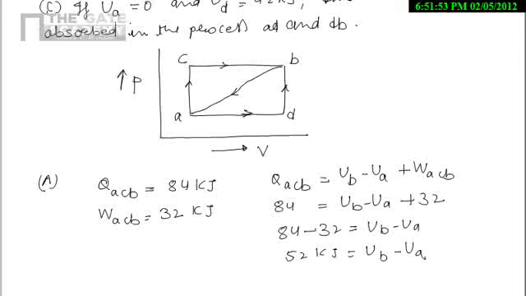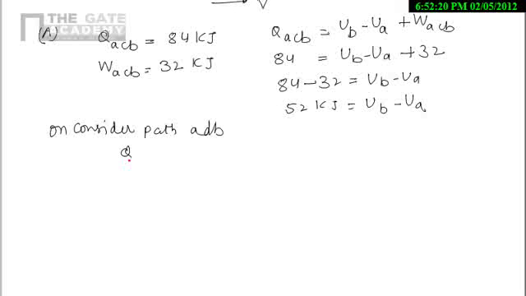Now in the problem A, it is given how much will the heat that flows into the system along the path ADB be, if the work done is 10.5. Now we have to consider path ADB. So applying the first law of thermodynamics for path ADB, QADB equals UB minus UA plus WADB.